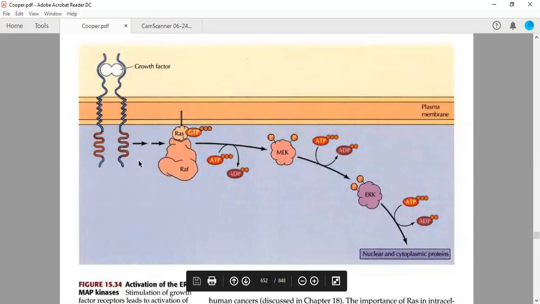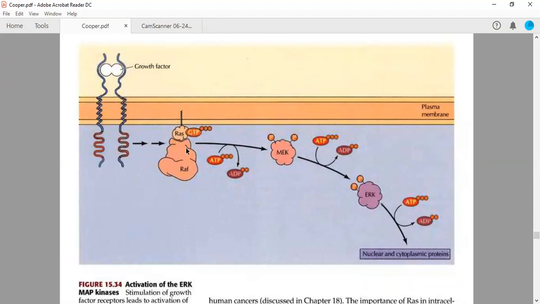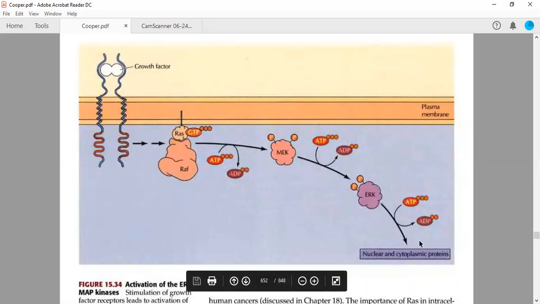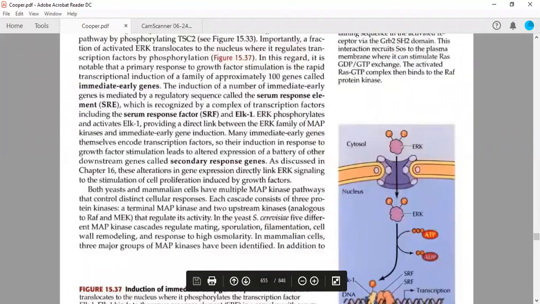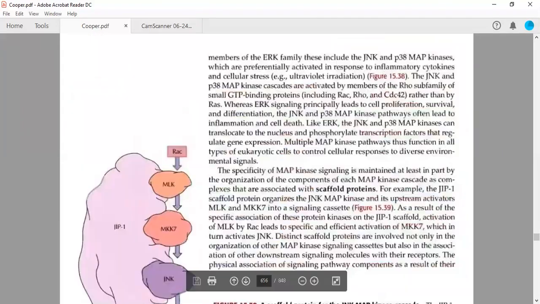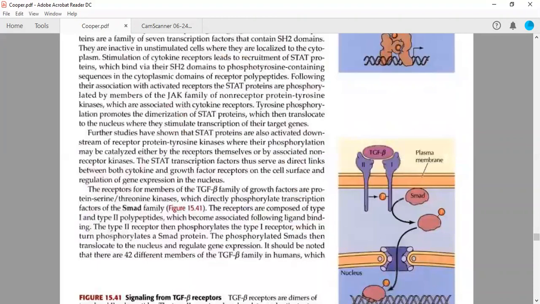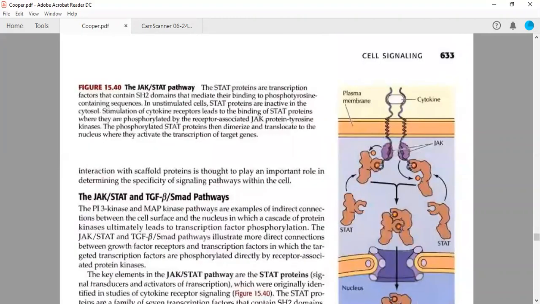So this kind of signaling is a kind of indirect signaling where this particular receptor, with the help of certain different kinase proteins, is actually able to transfer the signal inside the nucleus. But the JAK-STAT pathway is a kind of pathway where the proteins are directly recruited and they will go inside the nucleus.